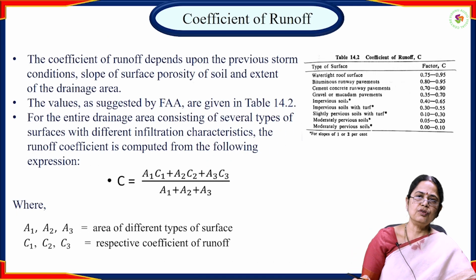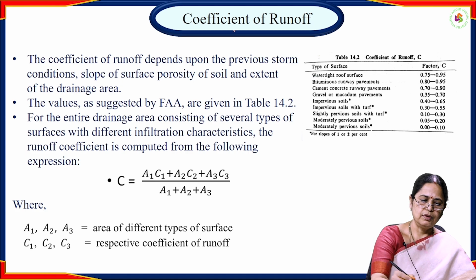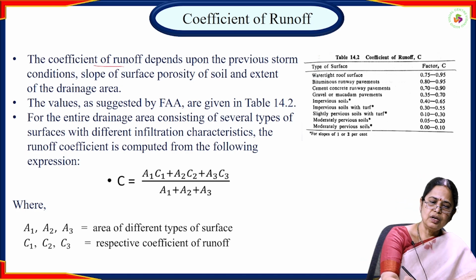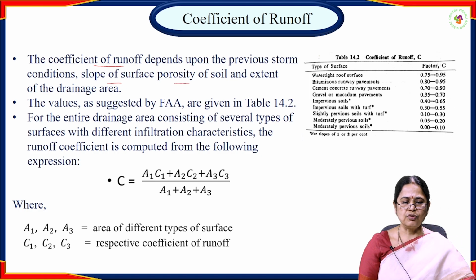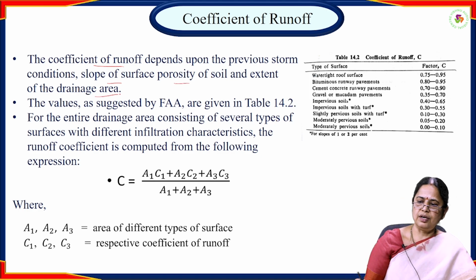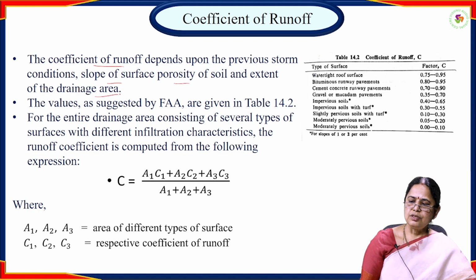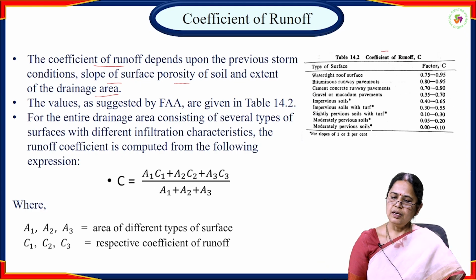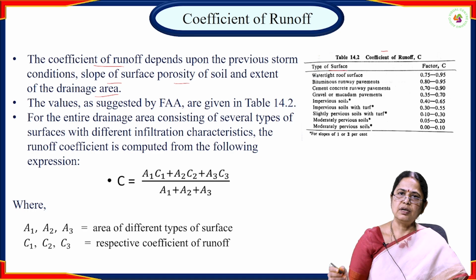Next, calculation of the coefficient of runoff. The coefficient of runoff depends upon the pervious condition, slope, surface porosity of the soil, and extent of the drainage area. So FAR suggested this table for the coefficient of runoff C based on the type of the surface.